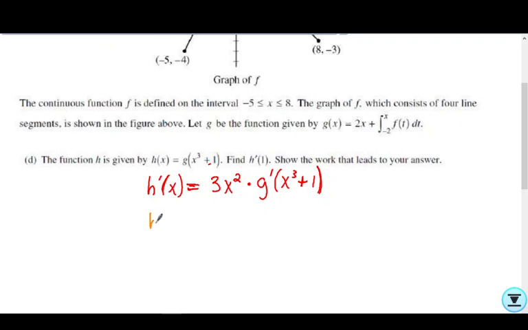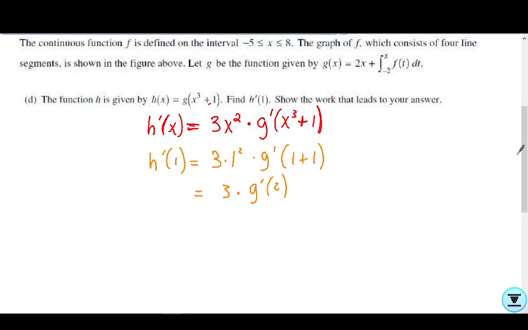Now, we're going to find h prime at 1. So we plug in 1. So it's 3 times 1 squared times g prime of 1 cubed plus 1, which equals 3 times g prime at 2. Now we have to use g prime at 2, and we use what we had earlier.